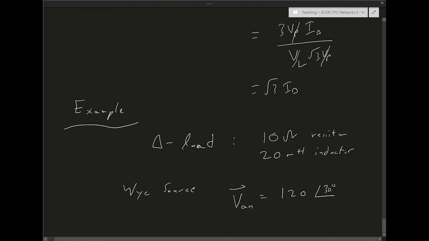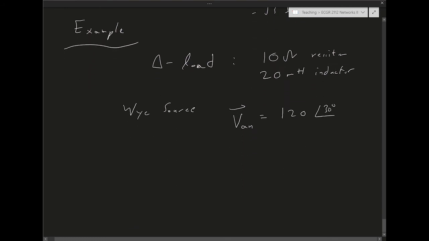That's what VAN is. We want to find all the delta and line currents. So this is the load. The load is delta, and there are a bunch of line currents. We want to find the line currents 1, 2, 3, and the delta currents 1, 2, 3.